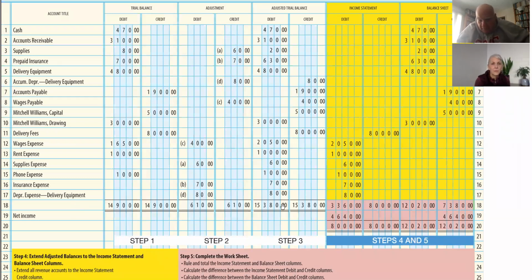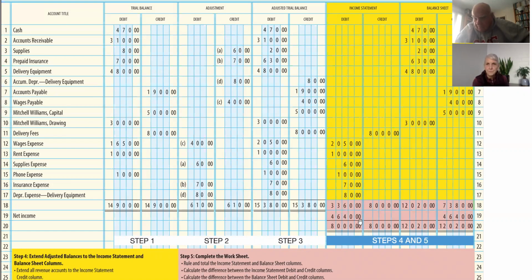Net income, 4,640. These 2 columns are out of balance. We want them to be out of balance at this point. We would love to see a gigantic number on the credit side. So this company made a profit of 4,640. Okay. So we are going to add that 4,640 to the 3,360 to balance these two columns.